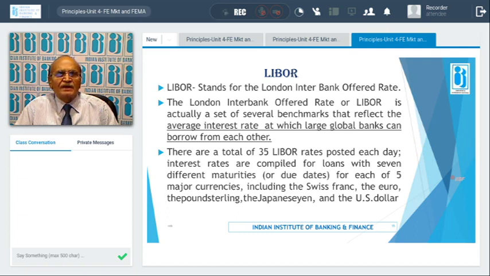Libor is basically announced in England, and there are a total of 35 Libor rates posted each day, and interest rates are compiled for loans with 7 different maturities or due dates for each of the 5 major currencies, including Swiss franc, euro, pound sterling, Japanese yen, and the US dollar.